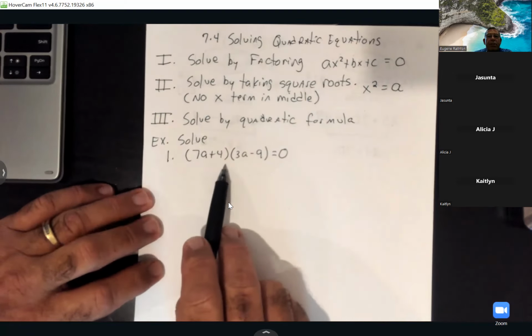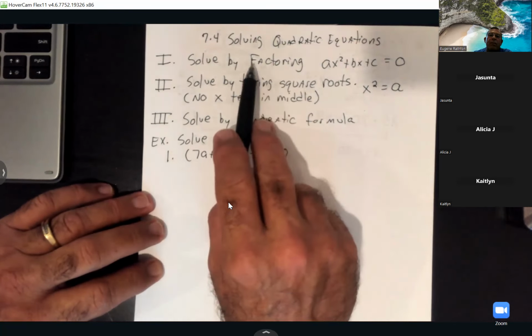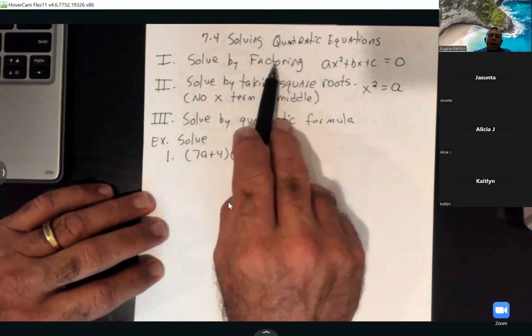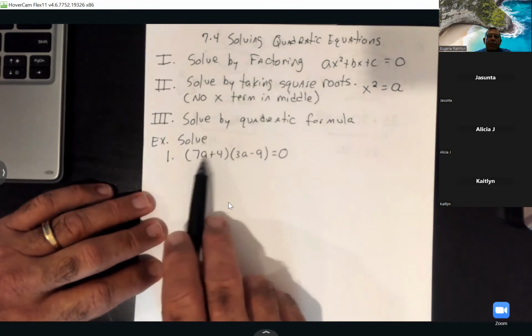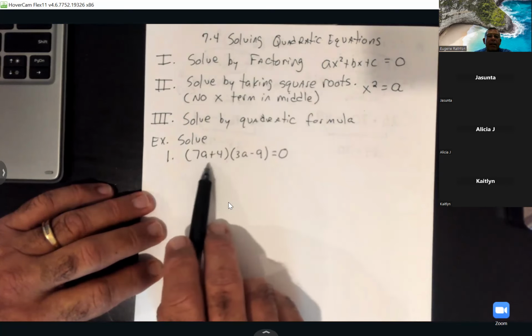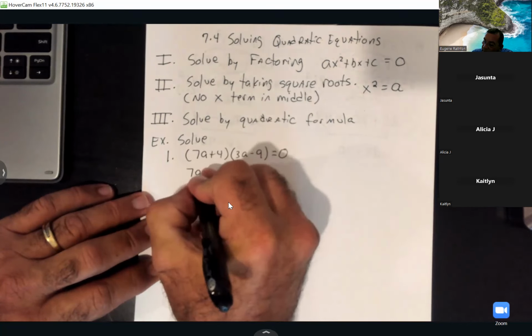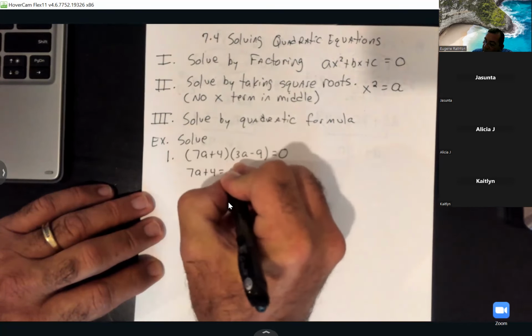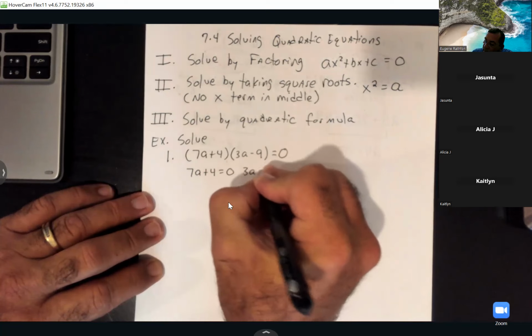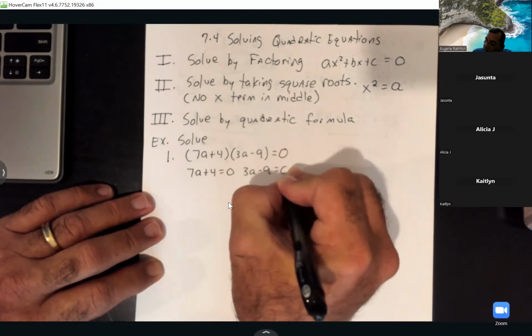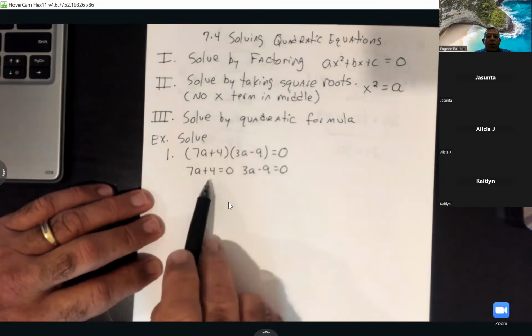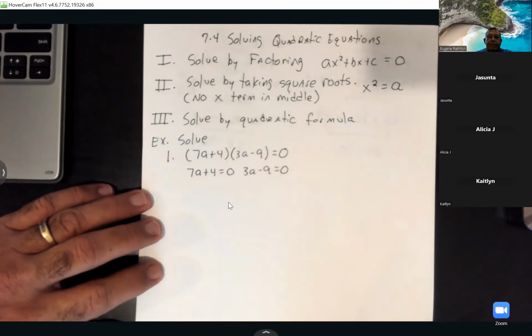Now, this problem is just going back over how we solved them by factoring. Remember, when we got them factored into parentheses, we then set each of our parentheses equal to 0. And then we solved each of our little equations.